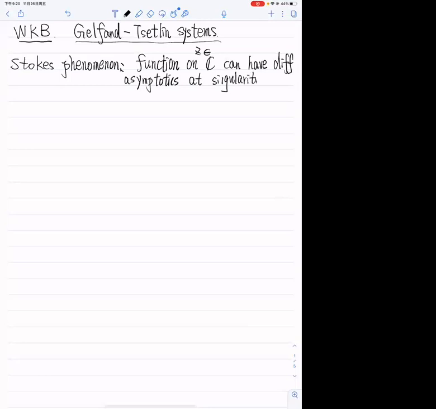So this is the so-called Stokes phenomenon. Many classical functions have such a phenomenon. Let's take two examples.